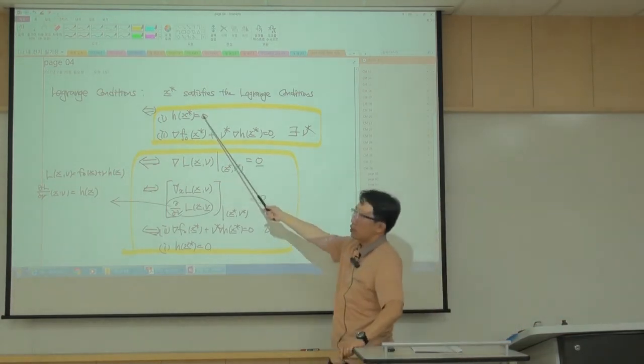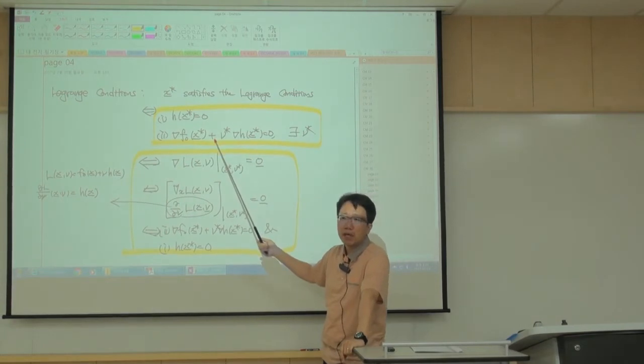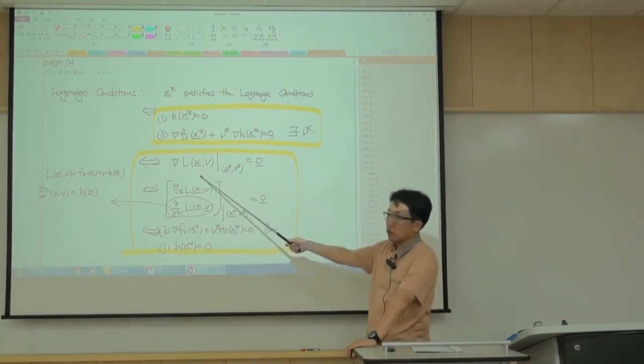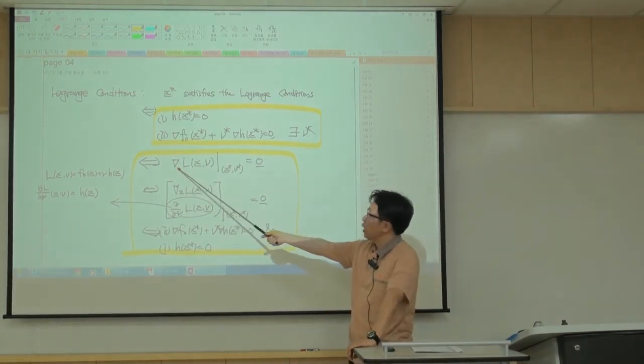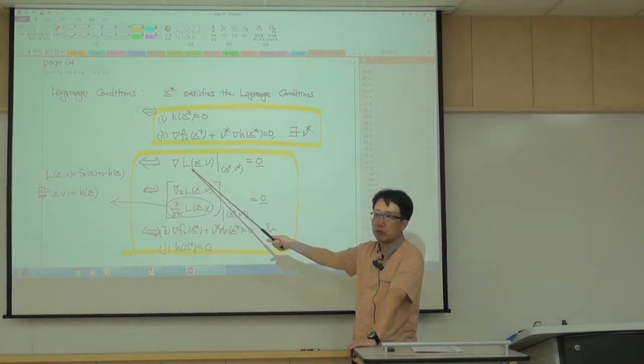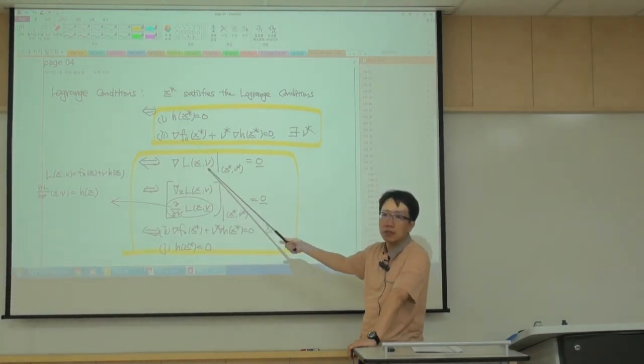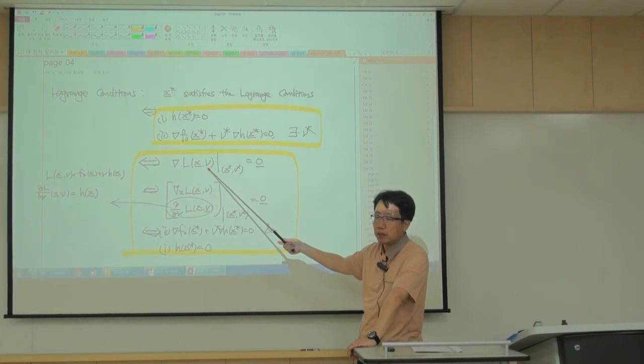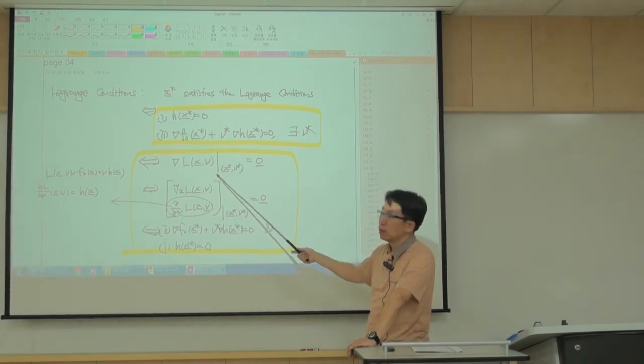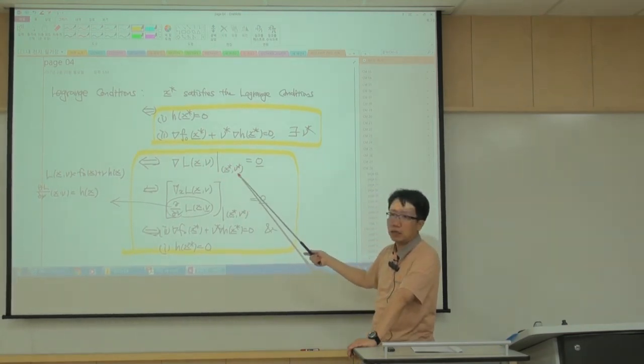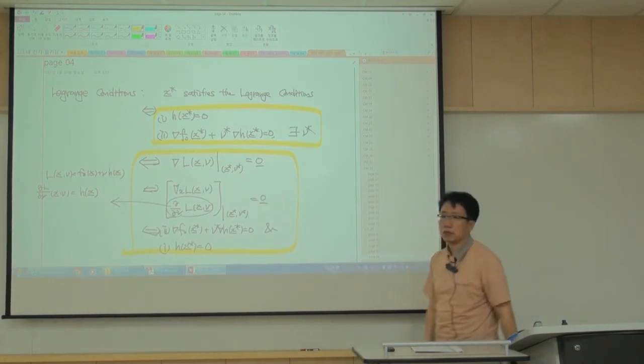So we have two conditions, but they are compactly written as this one. We differentiate the Lagrangian with respect to every variable and evaluate at x star and nu star and set it to 0 vector.